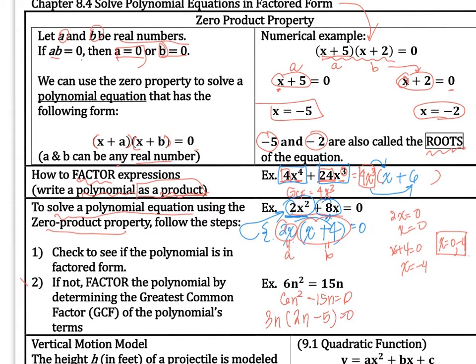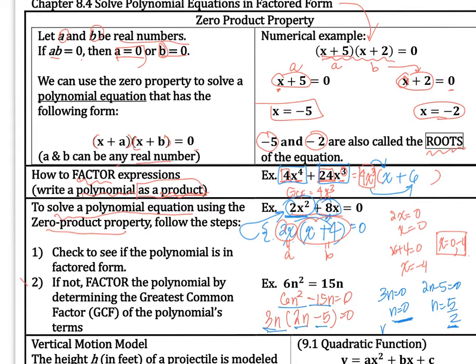So let's double check. 3n times 2n is 6n squared. 3n times negative 5 is negative 15n. So 3n equals 0, n equals 0, 2n minus 5 equals 0, n would equal 5 over 2. You see earlier I showed you that one of the answers was 5 over 2, but you were missing the answer 0.